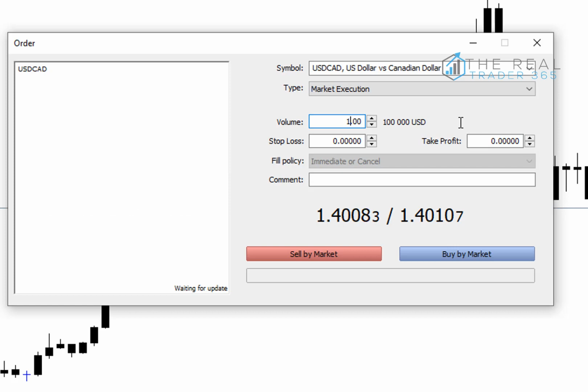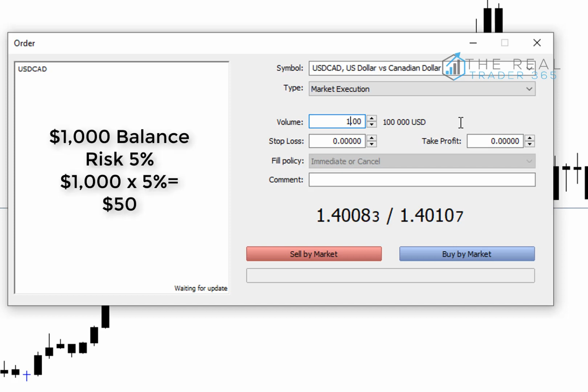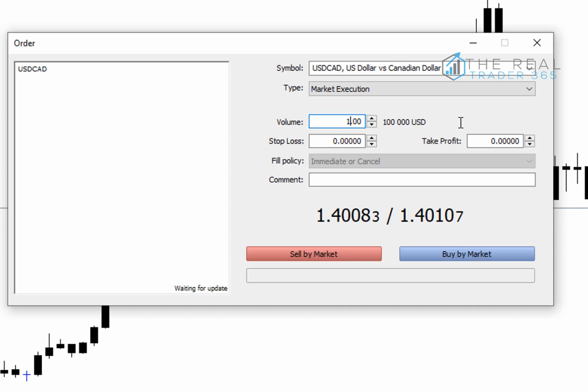Now, based on your account balance again, you would have to determine how many lots you are going to place. A good place to be is to risk 2 to max 5% per trade. If you are risking 5% of your account, what does that mean? If you have a $1,000 account, 5% of that is going to be $50.